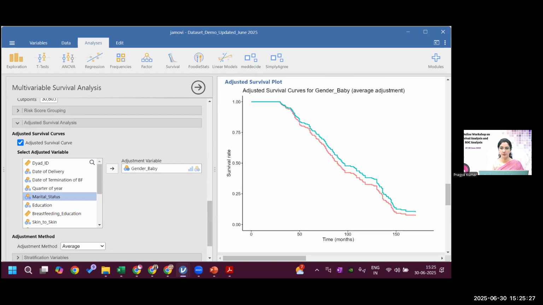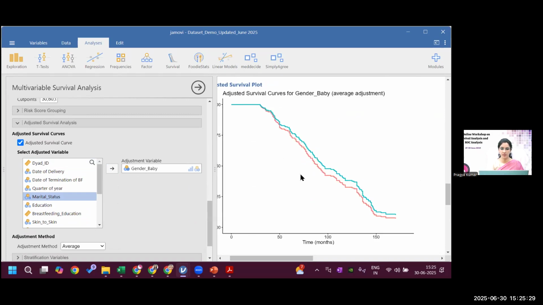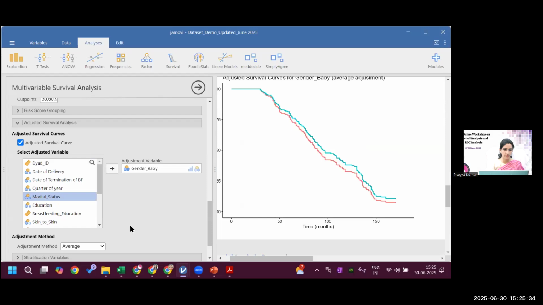It will show you the average adjustment.